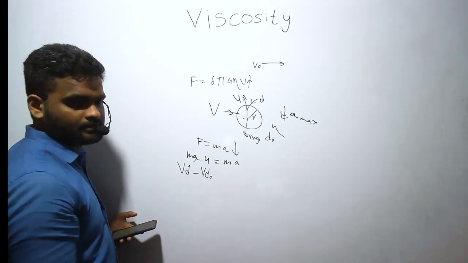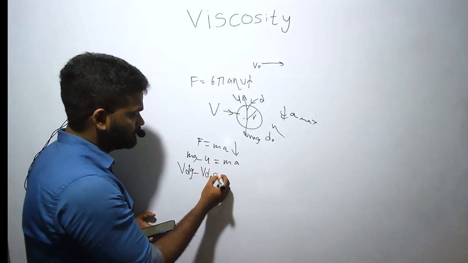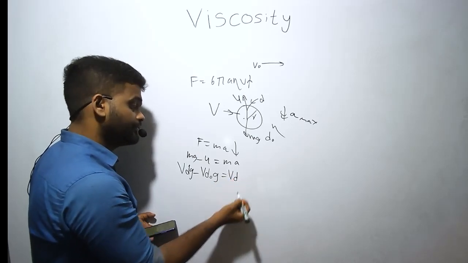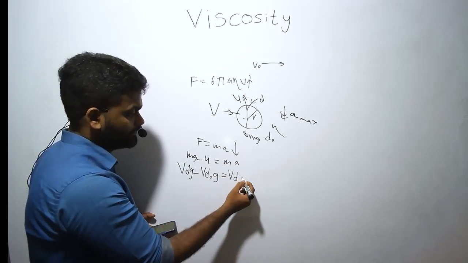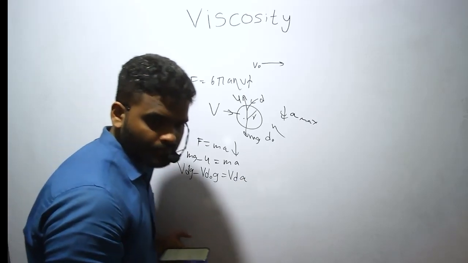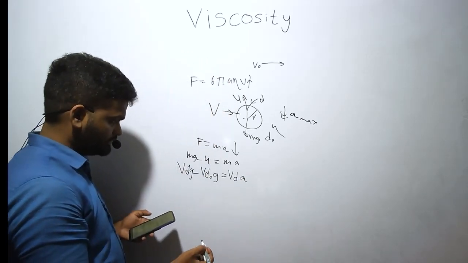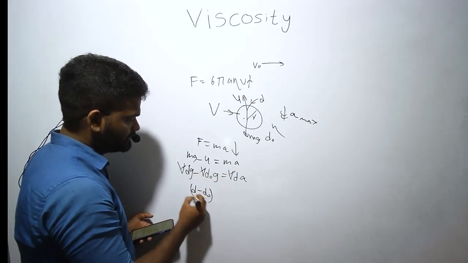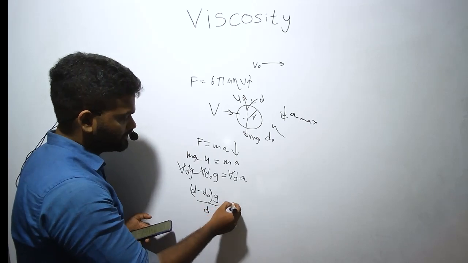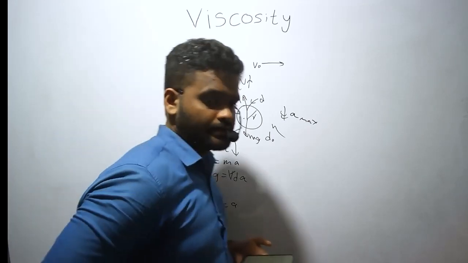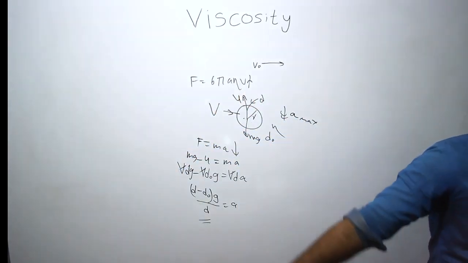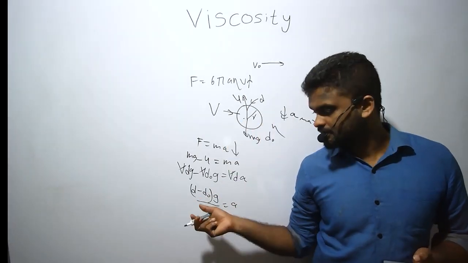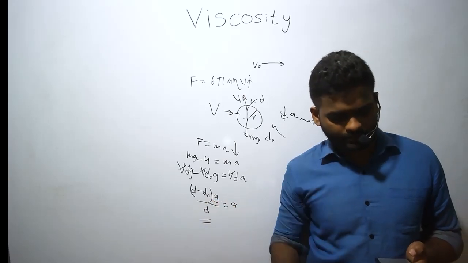Don't mix that up, right? Equals mass, density of object d, times a. V cancels off, d minus d naught, take g out, divide by d. So this is the acceleration, right? We actually derived this earlier as well. You don't have to remember this, only the main equations. These ones you have to quickly derive and get the answer, right?